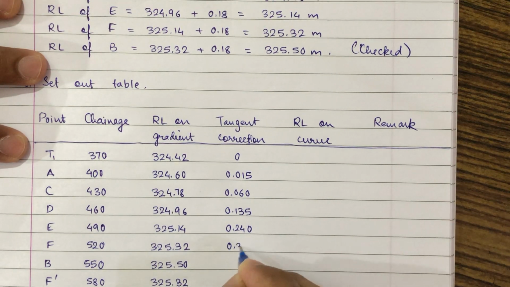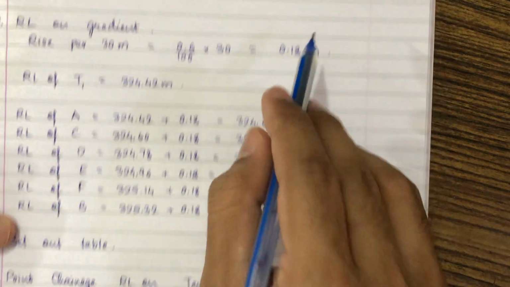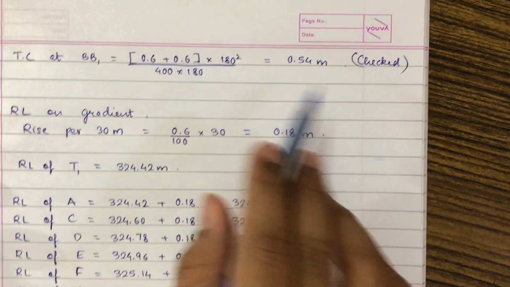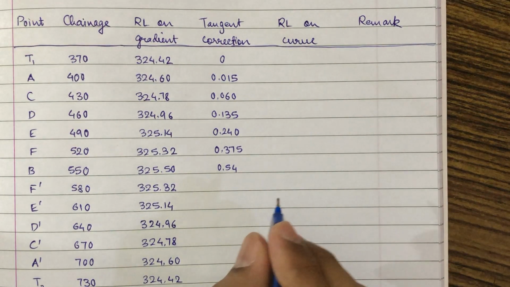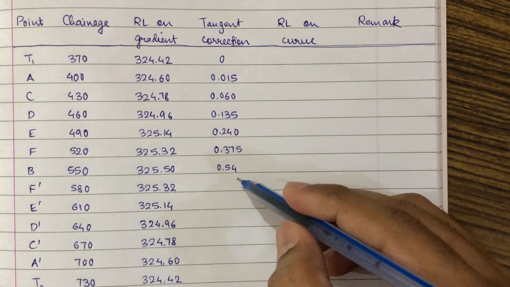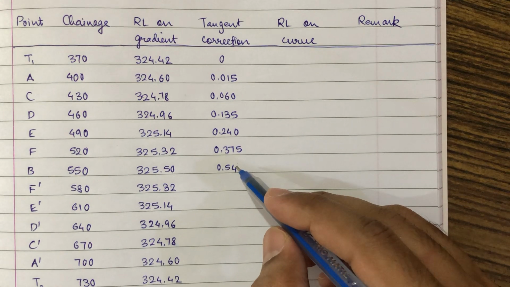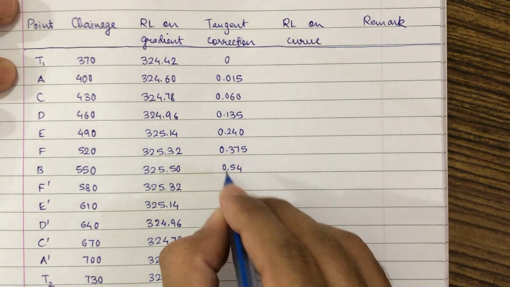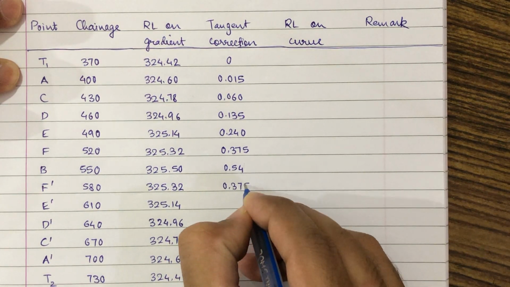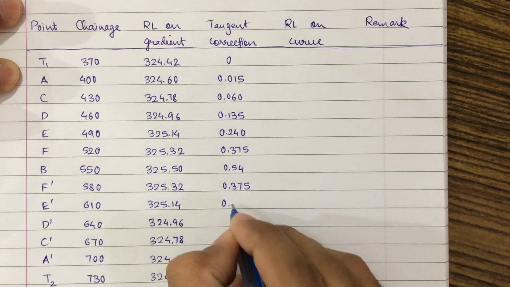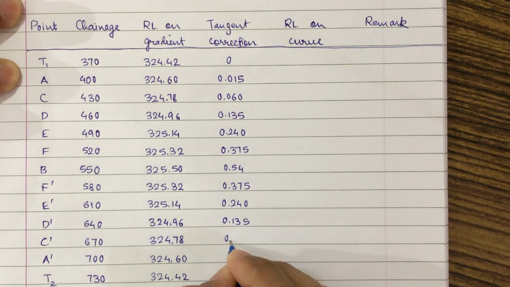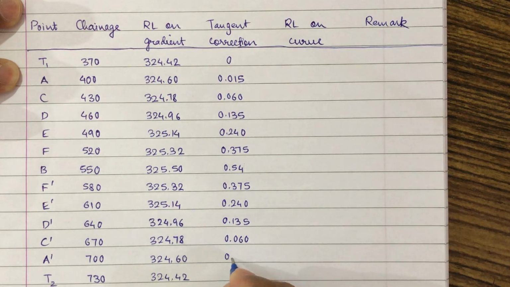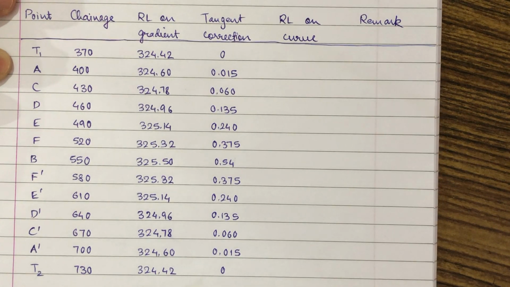At F it is 0.375. And at B we got the value as 0.54. Also this tangent correction value will go on decreasing in the same order: 0.375, 0.24, 0.135, 0.060, 0.015, and 0.